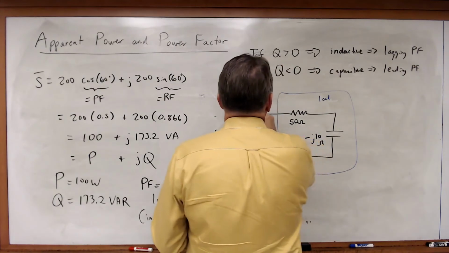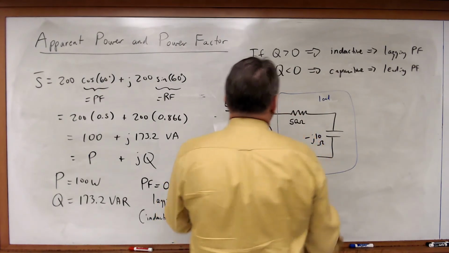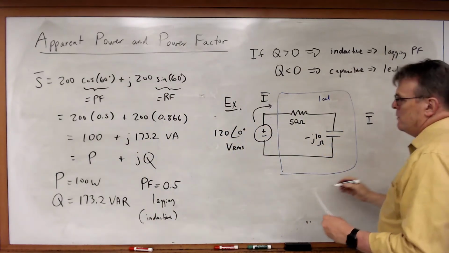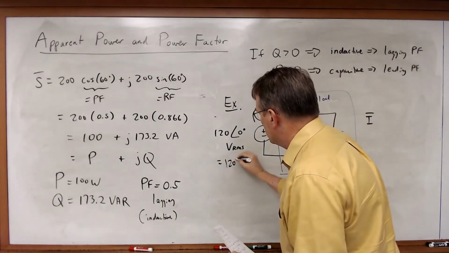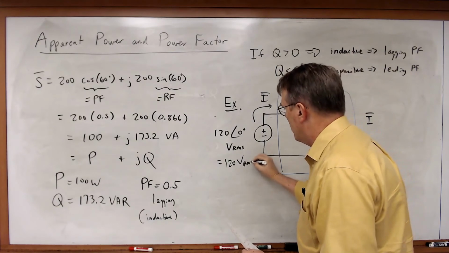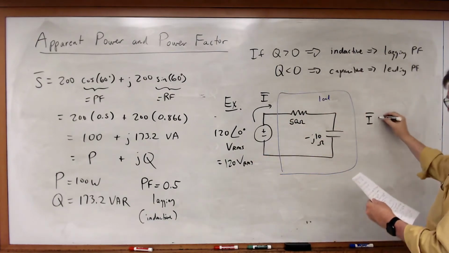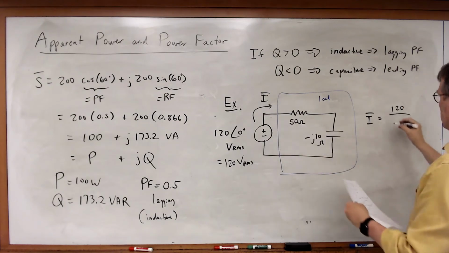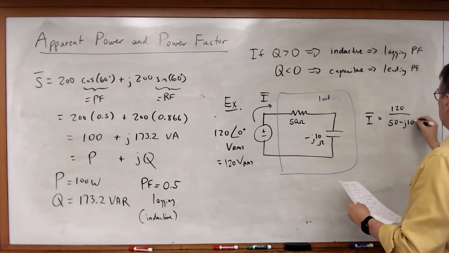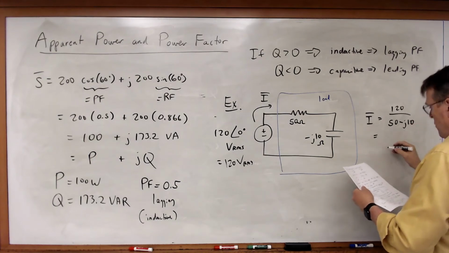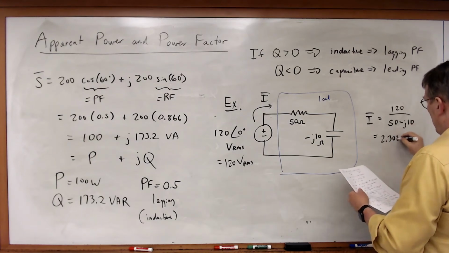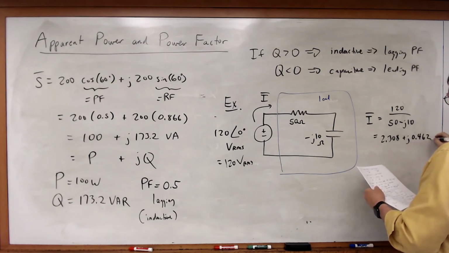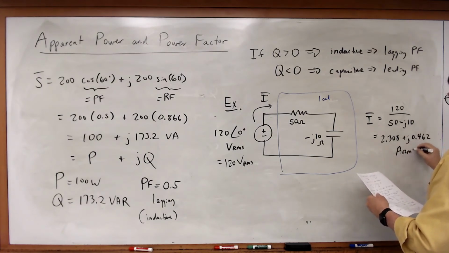So in this case, I'm going to have a phasor current I. And I is going to be equal to, well, this is just 120 volts in rectangular form, or 120 volts RMS. So I is going to be equal to 120 divided by, these two are in series, 50 minus j10, which will be equal to 2.308 plus j0.462 amps RMS.